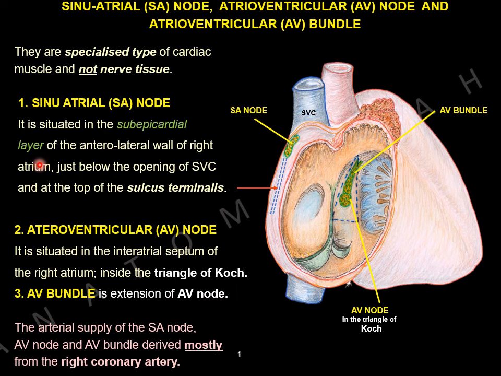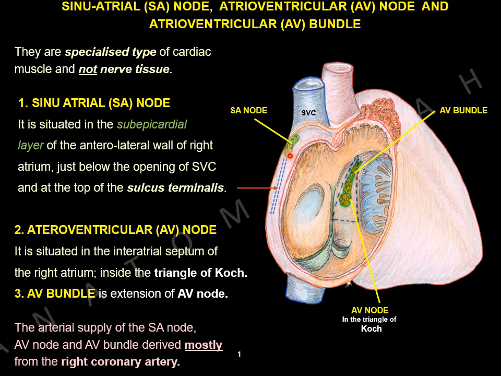So now, where is sinuatrial SA node? The SA node is situated in the subepicardial layer of the anterolateral wall of the right atrium, just below the opening of the superior vena cava, and at the top of the sulcus terminalis.